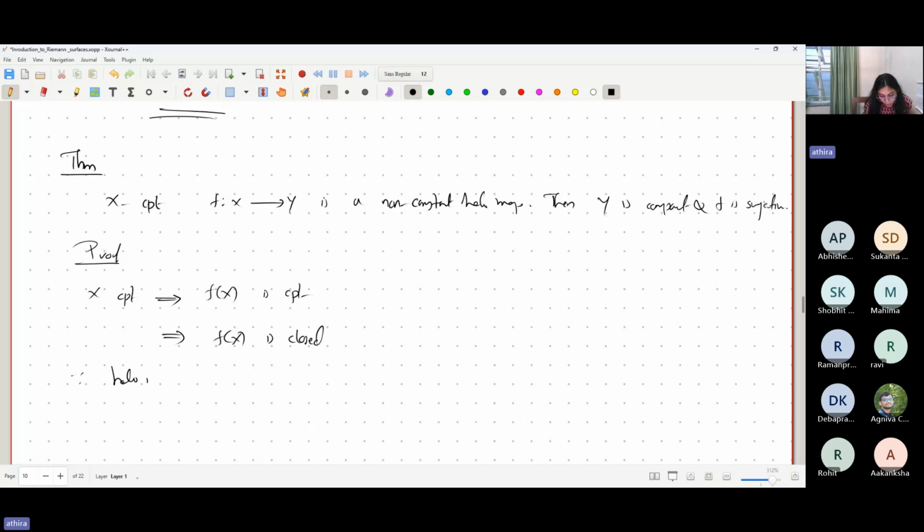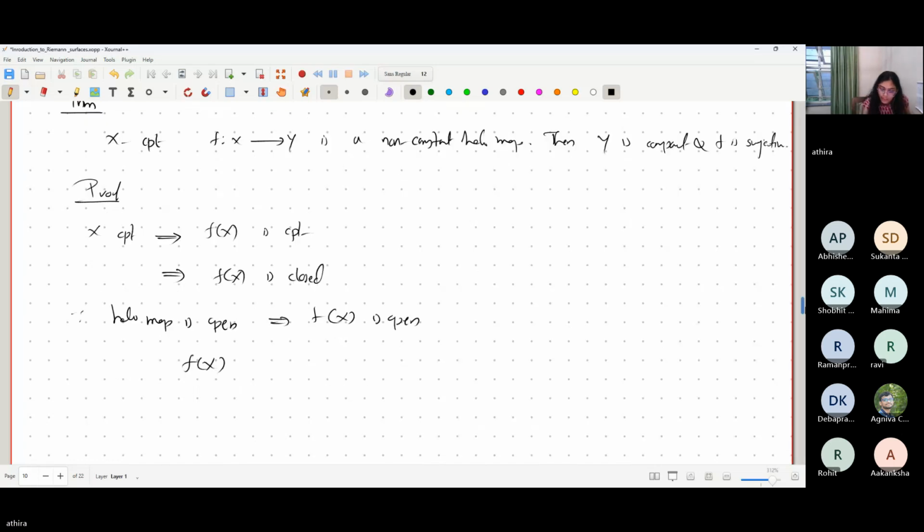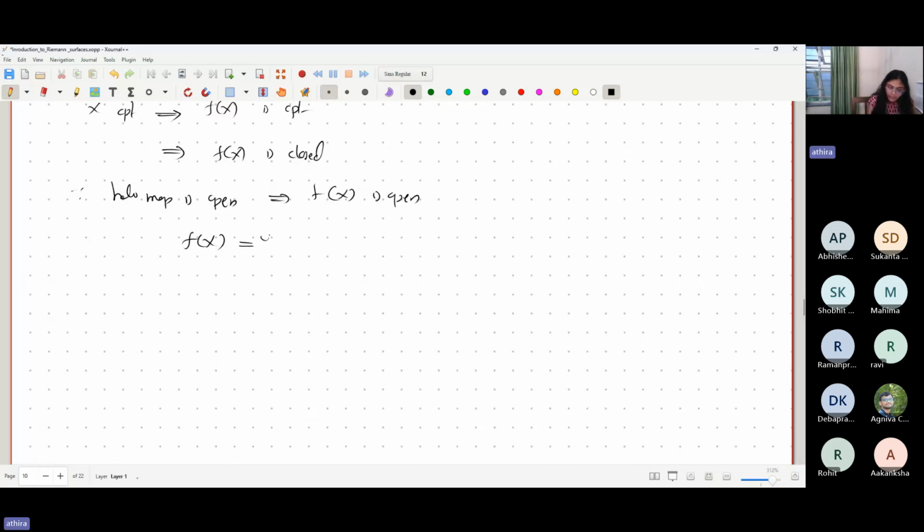Since a holomorphic map is open, f of X is open. Since Y is connected, f of X is equal to Y, and Y is compact, and f is surjective. Clear, right? Three-line proof.